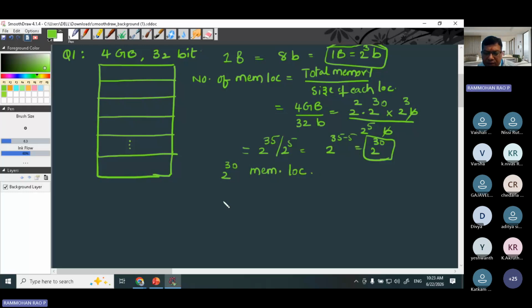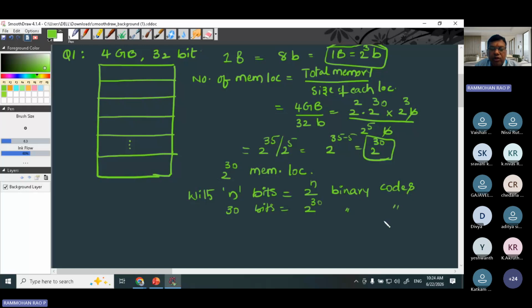Now we know a basic logic: with n bits, how many different binary codes can be generated? 2 power n binary codes can be generated. With 30 bits, 2 power 30 binary codes can be generated.